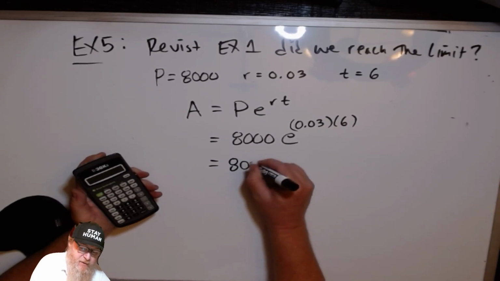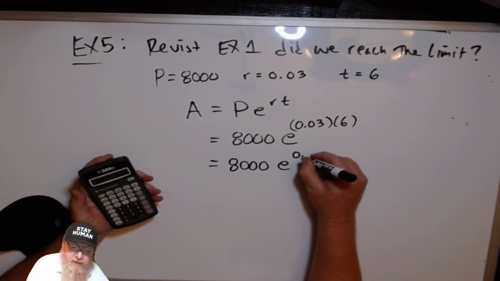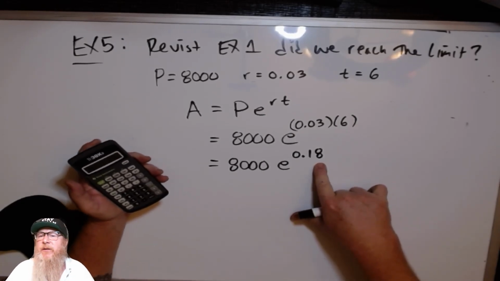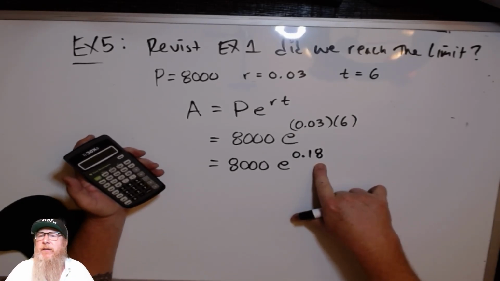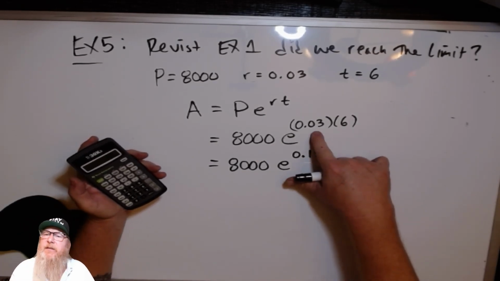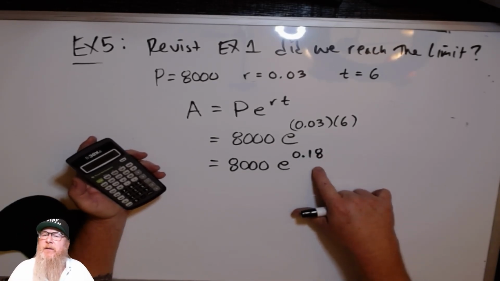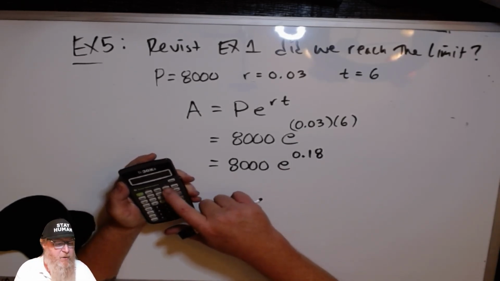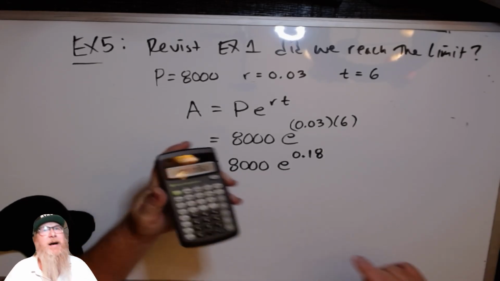So that's going to be 8,000 e to the 0.18, or 18/100ths. 6 years, 3%. All right, and then we're going to raise e to that power. Aha!